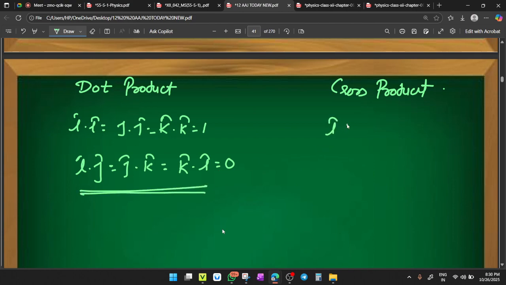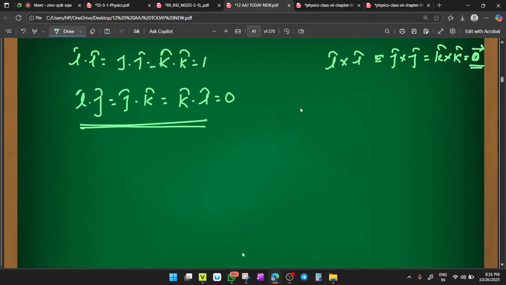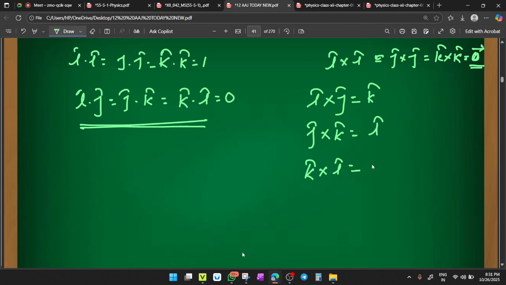Now here, i cap cross i cap equals j cap cross j cap equals k cap cross k cap equals 0 vector, because cross product is also called vector product. So the product of two vectors must be a vector quantity, so they will give you 0 vector. Clear or not clear? Next, i cap cross j cap equals k cap, j cap cross k cap equals i cap, and k cap cross i cap equals j cap.